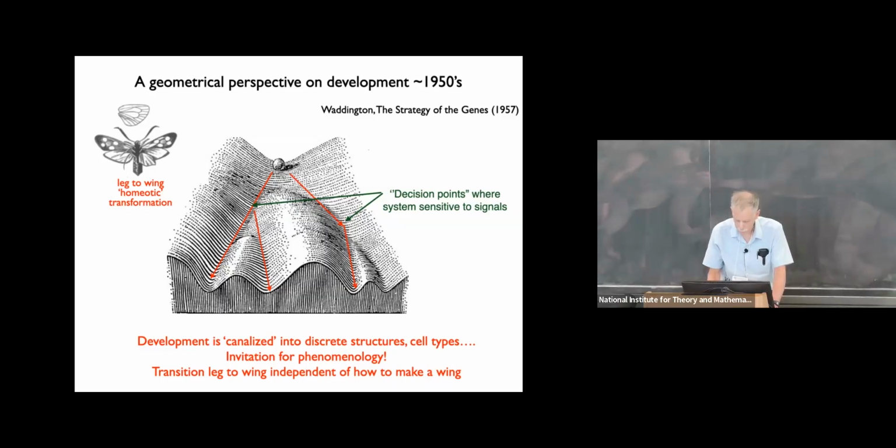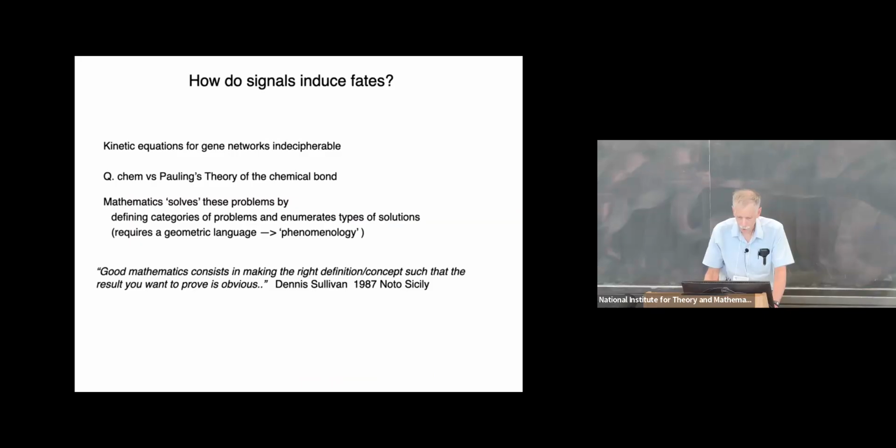And what I would like to do is to ask how quantitatively we can justify that. So you all know that if I write down a bunch of Michaelis-Menten equations, they are indecipherable. Just as quantum chemistry product wave functions are indecipherable, one wants something much more akin to Pauling's theory of the chemical bond.